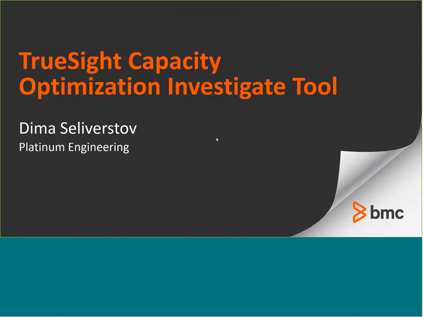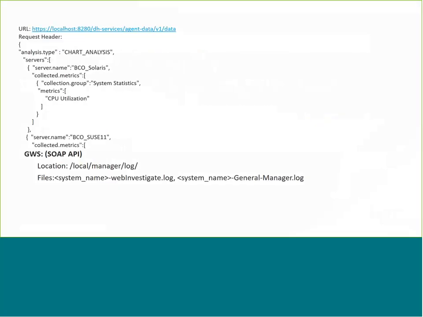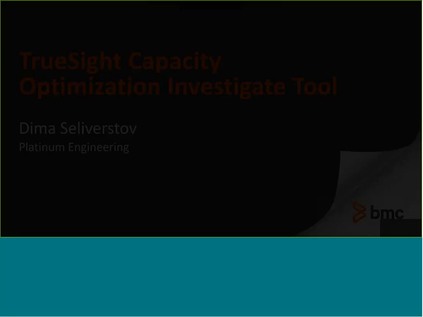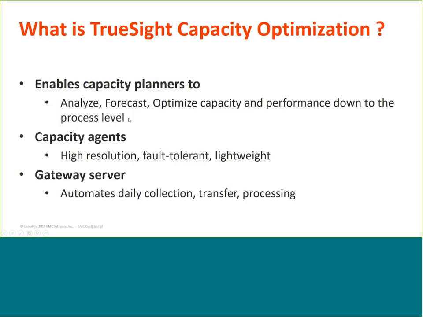As a background, let me talk about how the Investigate tool fits into the capacity optimization. So what kind of answers does this tool allow you to get? The capacity planners analyze, forecast, and optimize the capacity and the performance down to the process level.